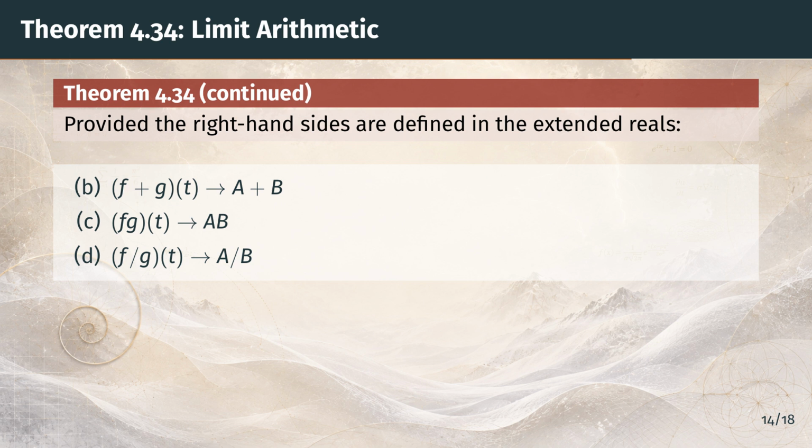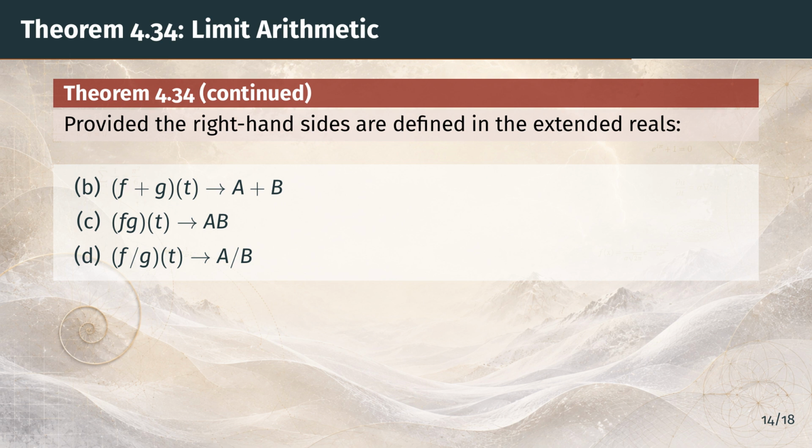Once we accept the extended arithmetic of plus and minus infinity, the same formulas keep working. For instance, if f of t tends to plus infinity, while g of t tends to 5, then the sum tends to plus infinity, and the product tends to plus infinity as well.